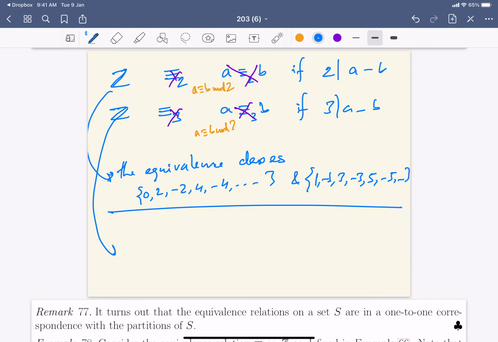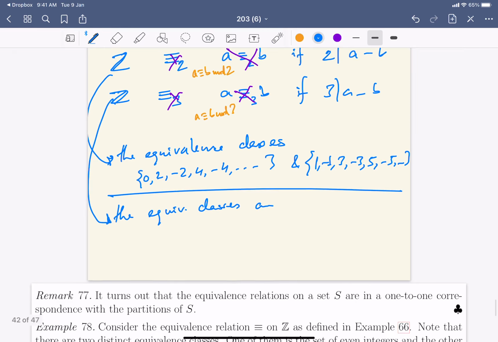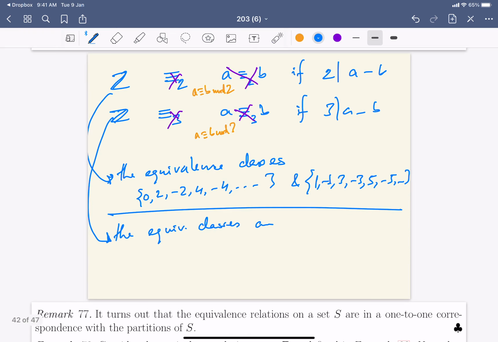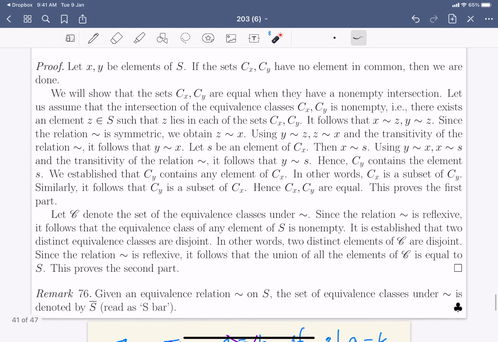And for this, there are 3 equivalence classes. I'll write that in a moment, but what I was trying to highlight is that if you change the equivalence relation, then the equivalence classes may very well change.